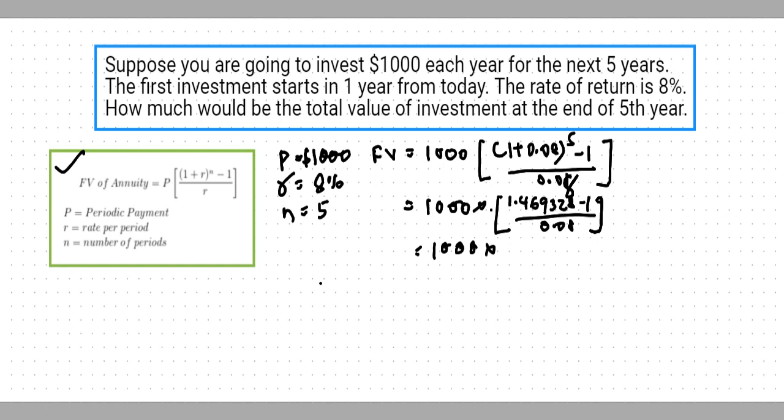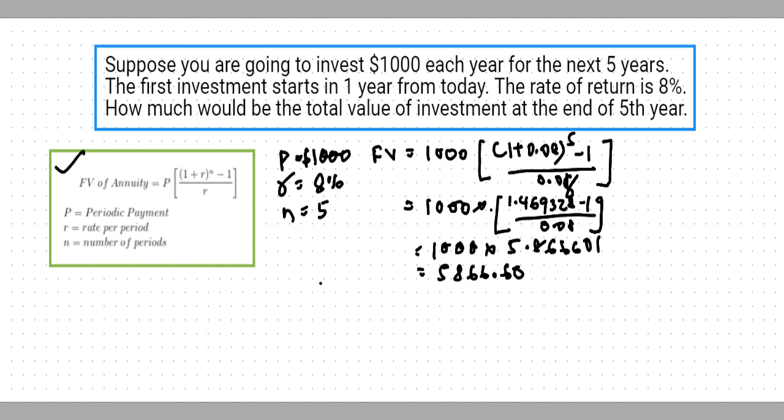This one comes out to 5.866601. So the future value of annuity is 5,866.60.